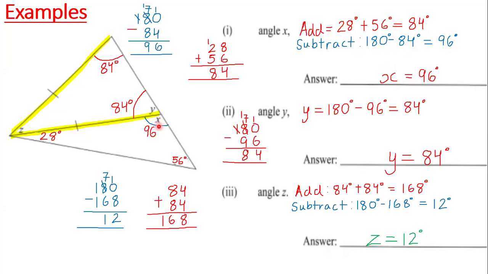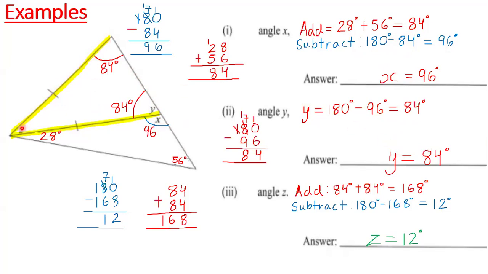Seeing that X is equal to 96, we know that angles on a straight line at a common point add up to 180 degrees. So we subtract 180 minus 96, and that gives us 84. So Y is equal to 84. And finally, we know that we're dealing with an isosceles triangle.